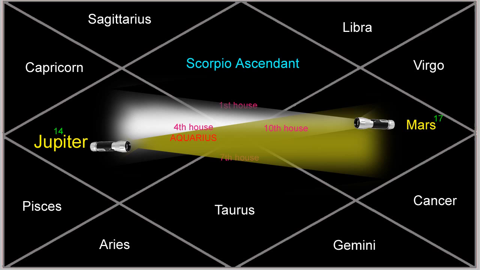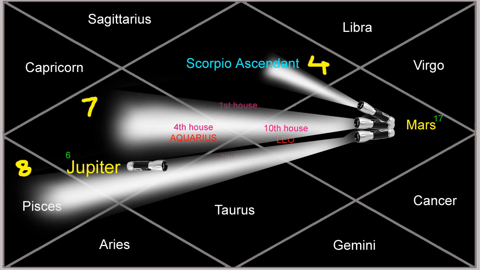And you know that Mars looks at the 4th, 7th, and 8th place from itself. So Mars is looking at the 4th place, the ascendant, the 7th place, which is the 4th house, and the 8th place, which is the 5th house, Pisces. And so Mars is looking at each house with 17 degrees. So it's only looking at that 5-degree portion around the 17th degree in the ascendant, in Aquarius, and in the 5th house. Okay?